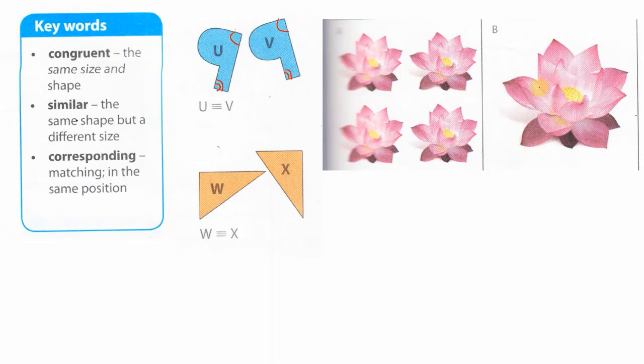If we go back to this flower, when we use similarity, we use 3 vertical lines. So we can say the flowers in A is similar to the flower B. The other thing to easily distinguish between similarity and congruency is that similar has the letter M as part of the word, whereas congruent doesn't have.